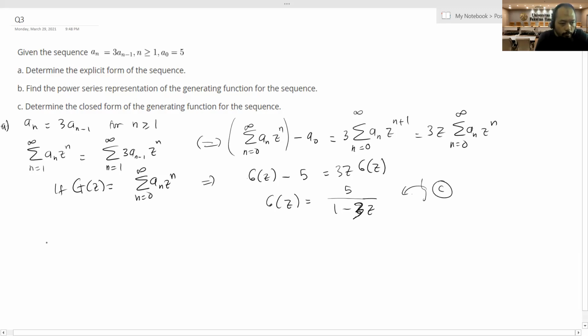Now, what about the power series representation? So g(z) is equal to 5 over 1 minus 3z, and this becomes 5 times the sum of (3z) to the power of k.